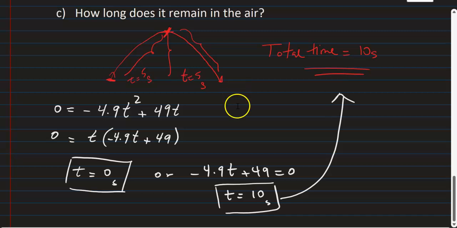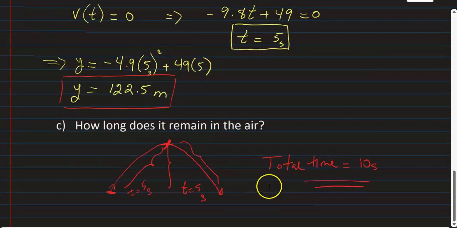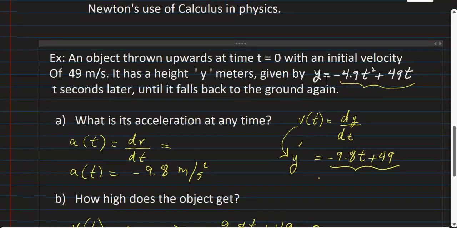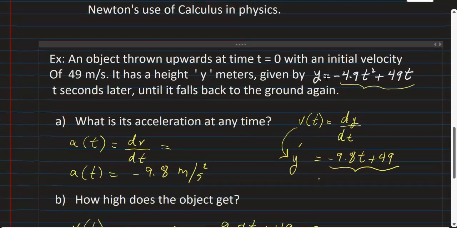All right, so here is the final answer to this question. This is a great example of how Newton used calculus and derivatives to explain motion, because that was the original purpose of calculus.